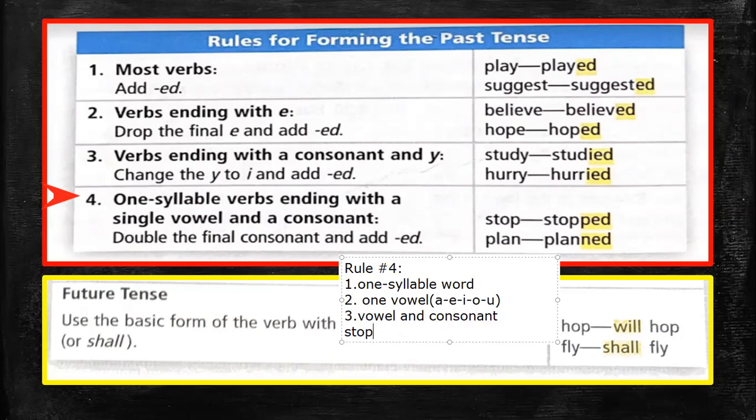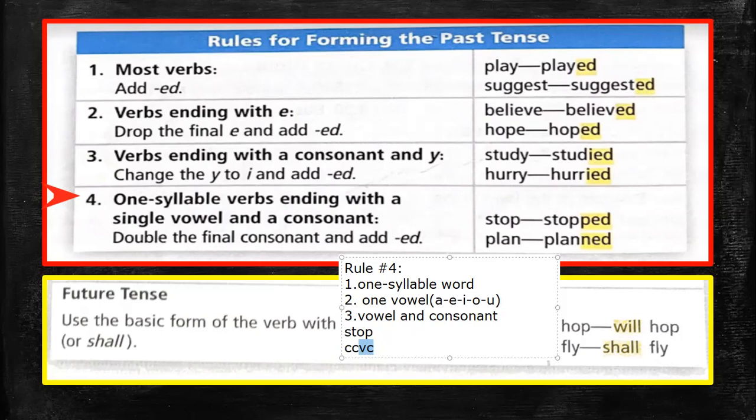Stop, stop. S is a consonant. T is a consonant. O is a vowel. P is a consonant. Oh, what do you know? Look, right there. The word stop is a word that ends in vowel and consonant.